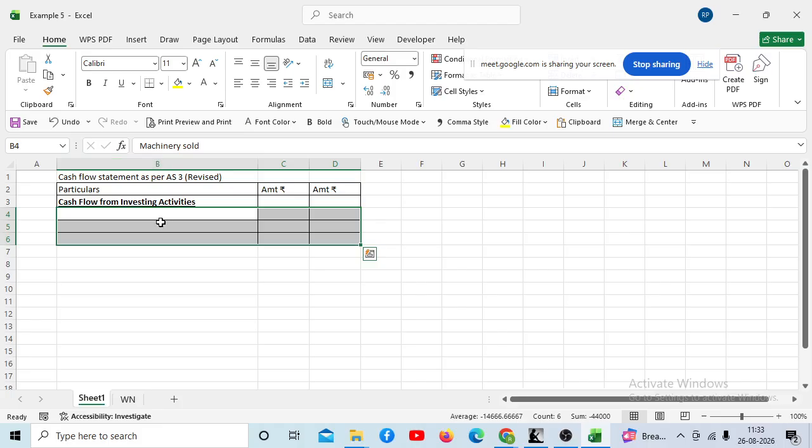In the first example, it was from operating activity. In this example, it is from investing activity. And then slowly, there will be sums in which we will be preparing all the three activities together. Is it fine? Yes. So give the heading as cash flow from investing activity. Done?